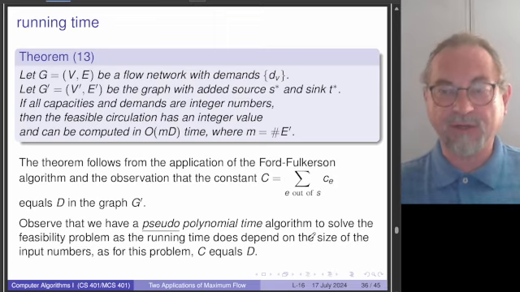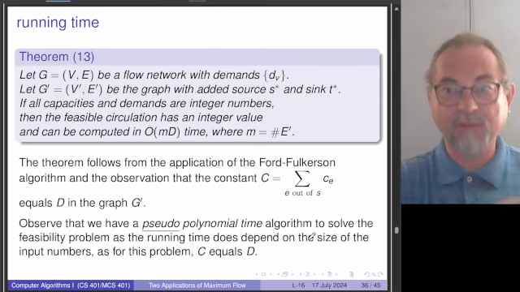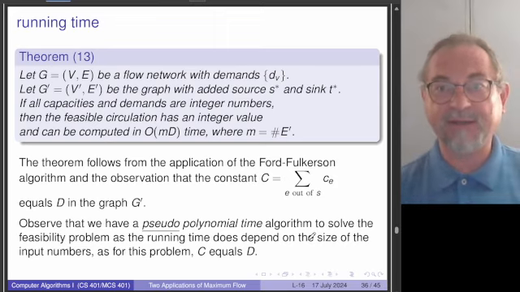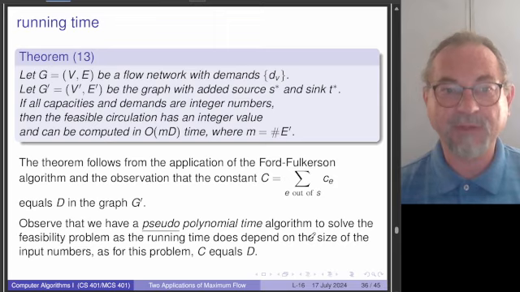We do a search for a path connecting source and sink in the residual graph. That residual graph is at most 2m in size. And then along the augmenting path, we adjust the flow.